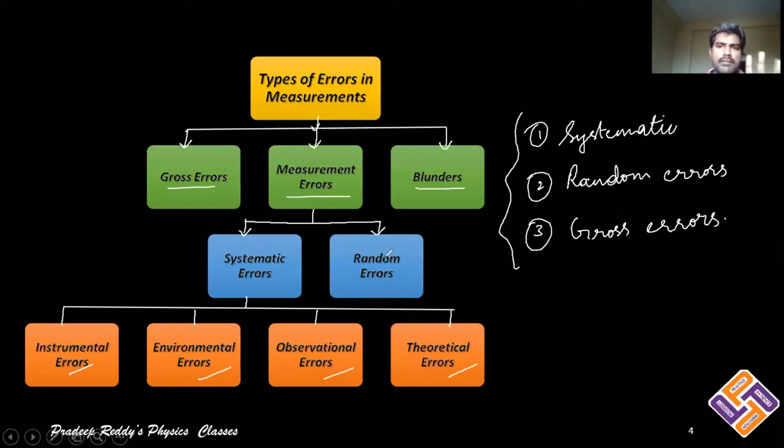So we basically have systematic errors, random errors, and gross errors. I'll explain what is meant by systematic error, then gross error, and then random error. These 3 types of errors I'll be explaining.